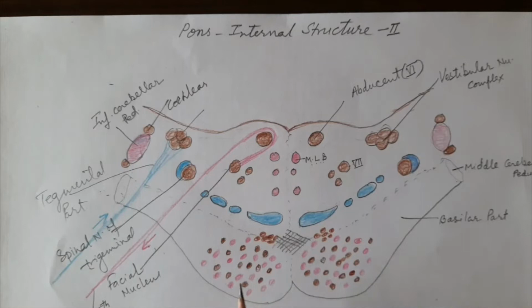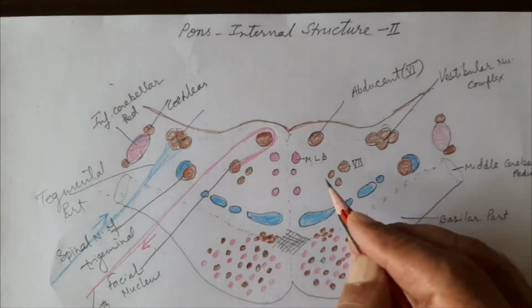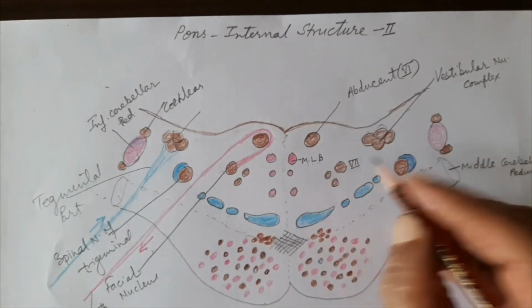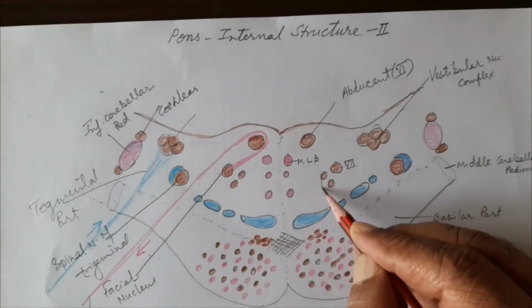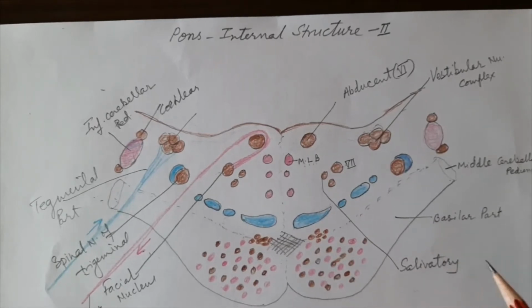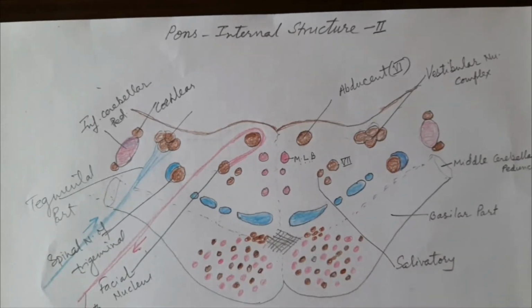Now then there is the salivatory nucleus also here, this one and this one. I will write about this salivatory nucleus here. This is the superior salivatory nucleus. Then lower down is the inferior salivatory nucleus, and the lacrimatory nucleus will be there.